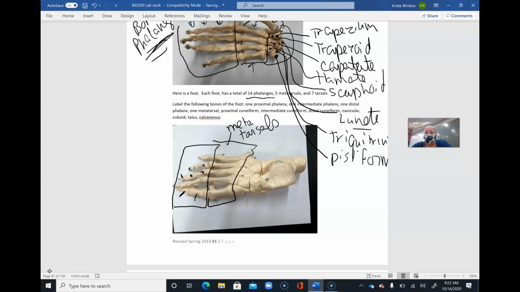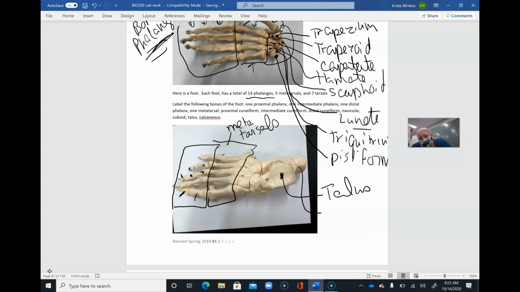So again, we're going to go quickly through the tarsals, okay? And I'm going to use my disarticulated, or loosely articulated, foot for that. So when you're looking at your tarsals, we have this large one right here. This is known as the talus. The talus is what articulates with the tibia.